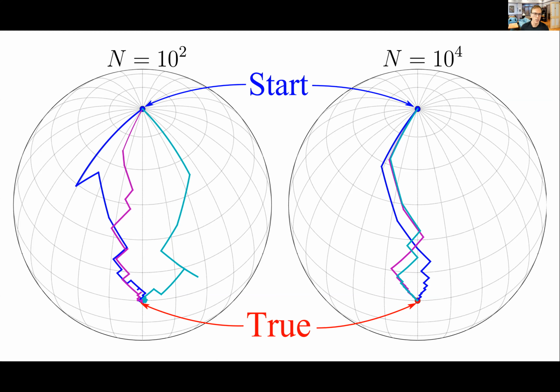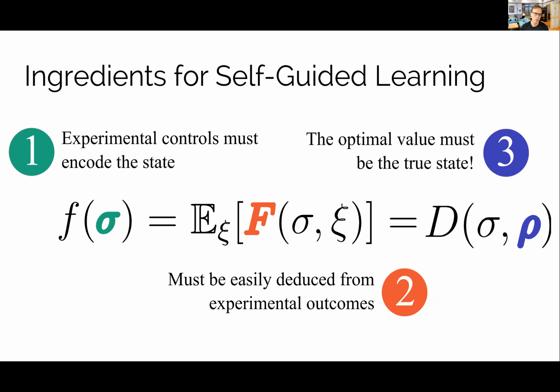Okay, so this works beyond just this simple example that I showed you. It's going to work for a whole wide class of things that you can imagine doing, not just in quantum physics, but in any sort of optimization procedure where you have the ability to control things.